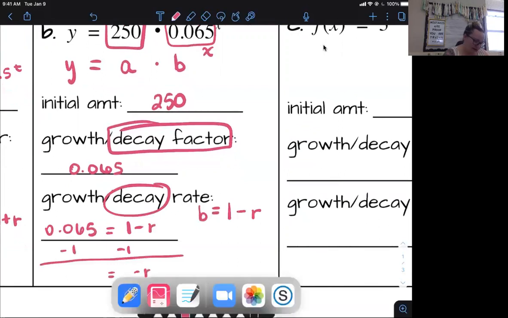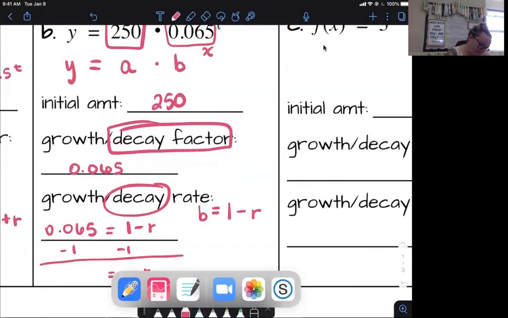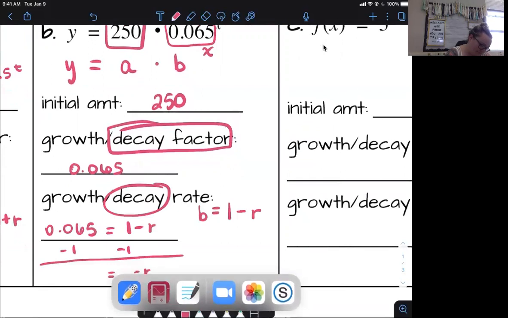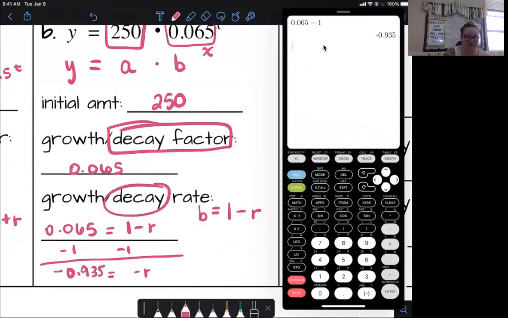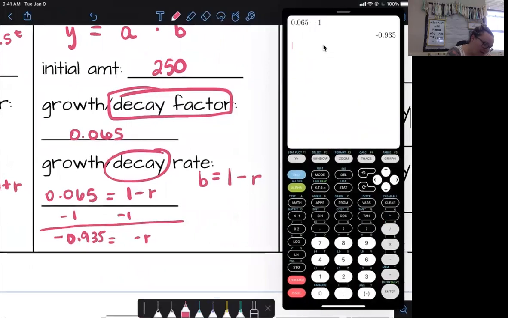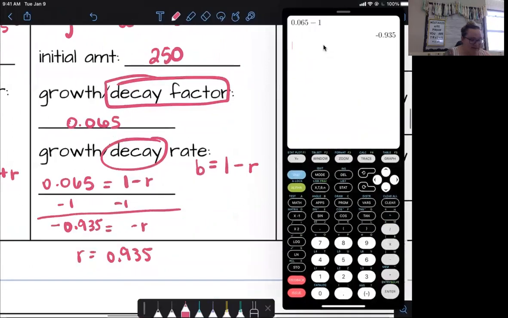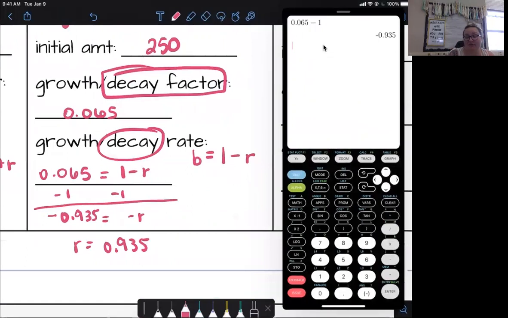And we're going to have 0.065 minus 1, negative 0.935 equals negative r. So if I divide both sides by a negative, I get r is equal to 0.935. So my decay rate is 0.935.